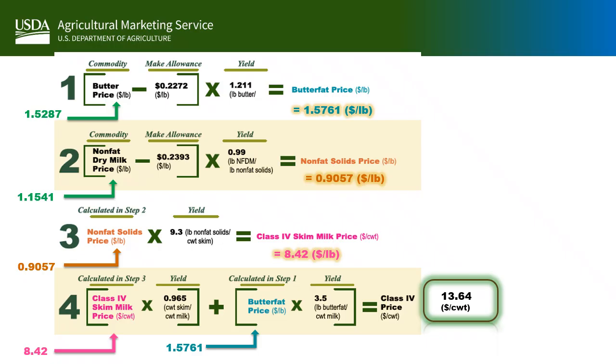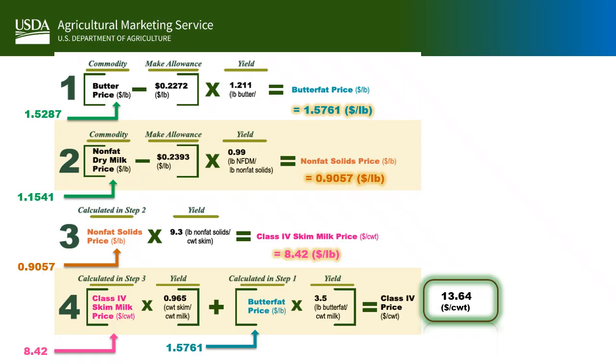Now look at step 3. Using the non-fat solids component price we just calculated, we multiply it by the yield factor of 9.3 to find a Class 4 skim milk price of $8.42 per pound. Finally, this price is then multiplied by a yield factor of 0.965.